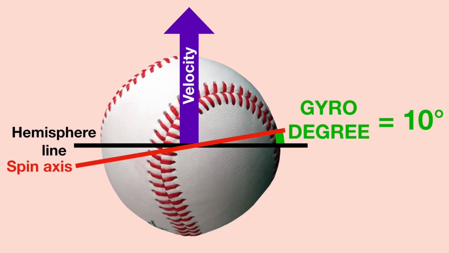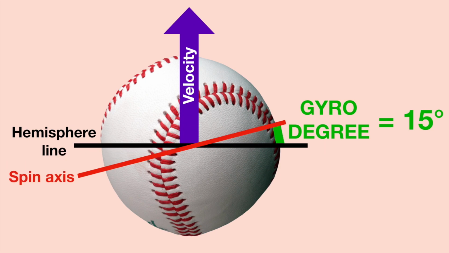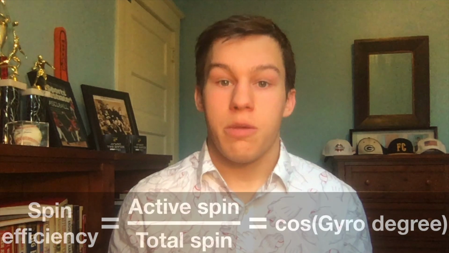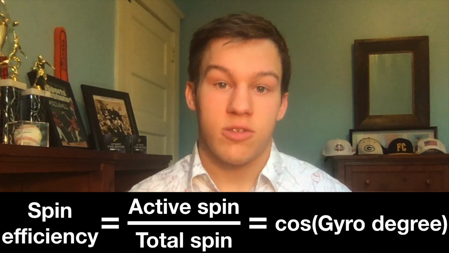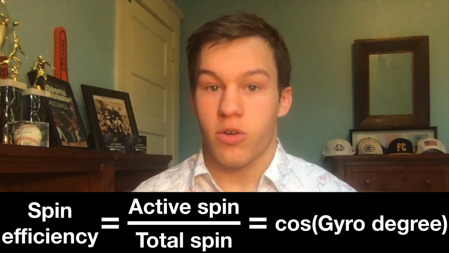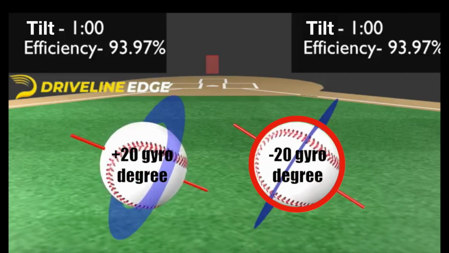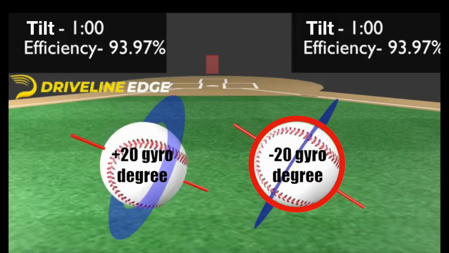The other metric of the Rapsodo approach, gyro degree, describes how many degrees from perfectly efficient the spin is. The proportion of total spin that is active spin, also known as spin efficiency, is the cosine of the gyro degree. So it should be noted, spin efficiency will always be positive, but gyro degree does have a sign. A positive gyro degree would be a righty cutting their fastball, while a negative gyro degree would be a righty overpronating.